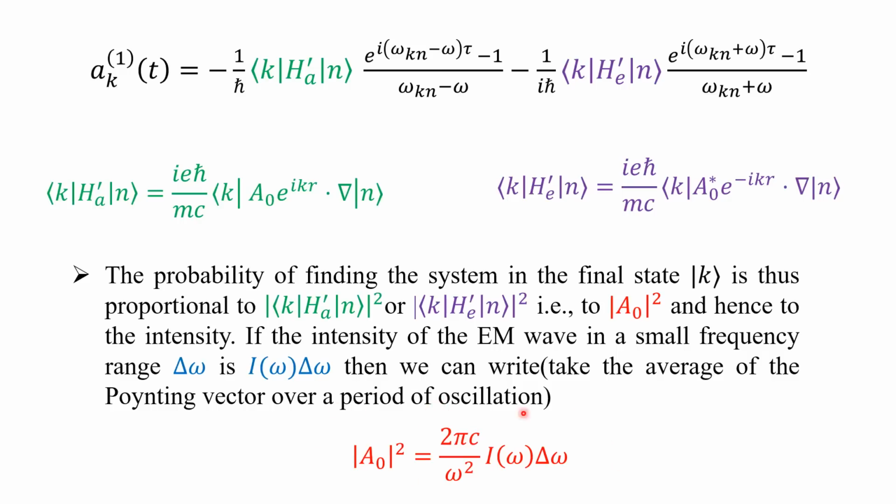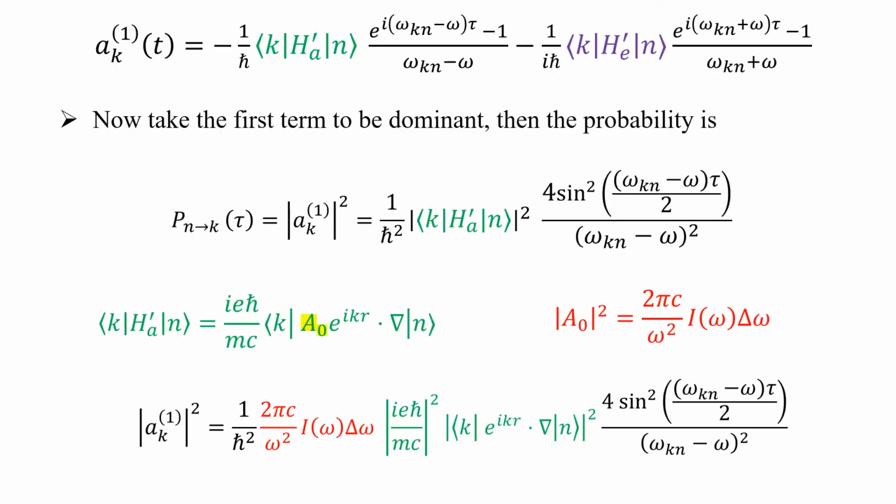This is well established: modulus of A_0 squared is equal to 2 pi c divided by omega squared times I(omega) delta omega. Many times we have seen this as a final expression. Now let us take that the first term, the absorption term, dominates. Then you can ignore the second one.